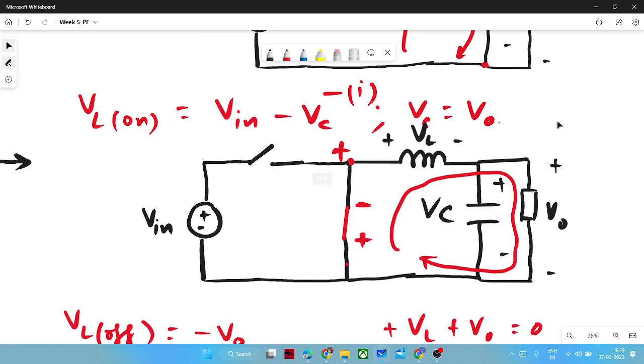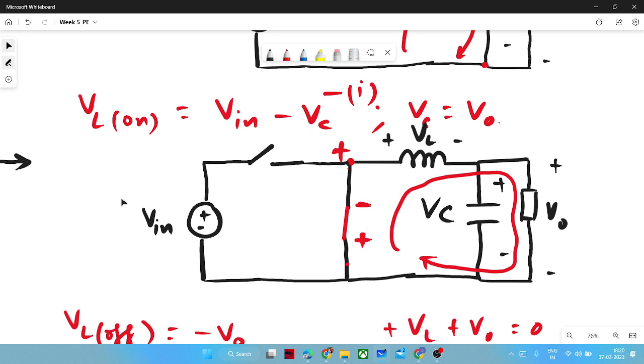From this circuit, VL is V naught, not minus V naught, because the diode will not be turned on. If VL is positive, it is going to be V naught.